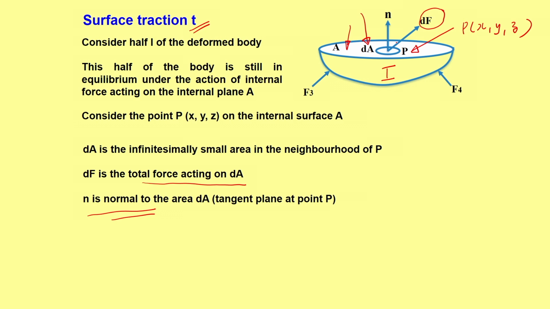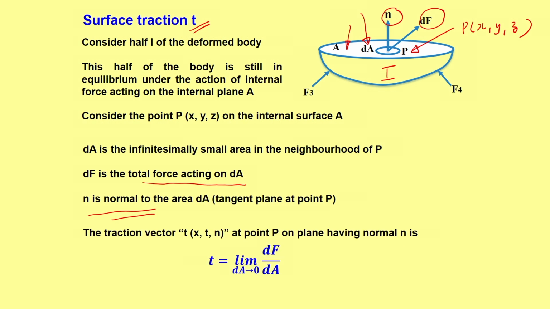Because you are considering a point P, so the normal should be with respect to that tangent. That is why it is called the tangent plane. So, N is the normal to the area dA which we are considering, and dA is in the neighborhood of P.